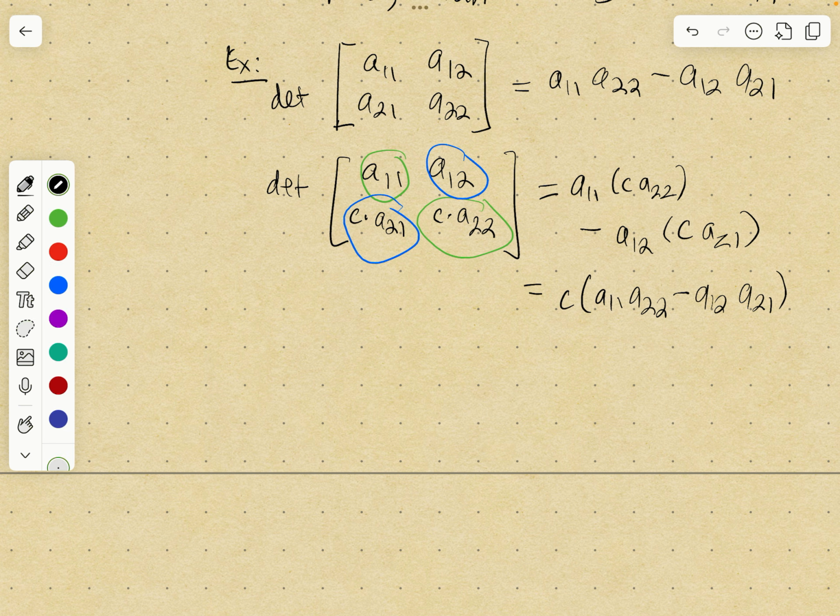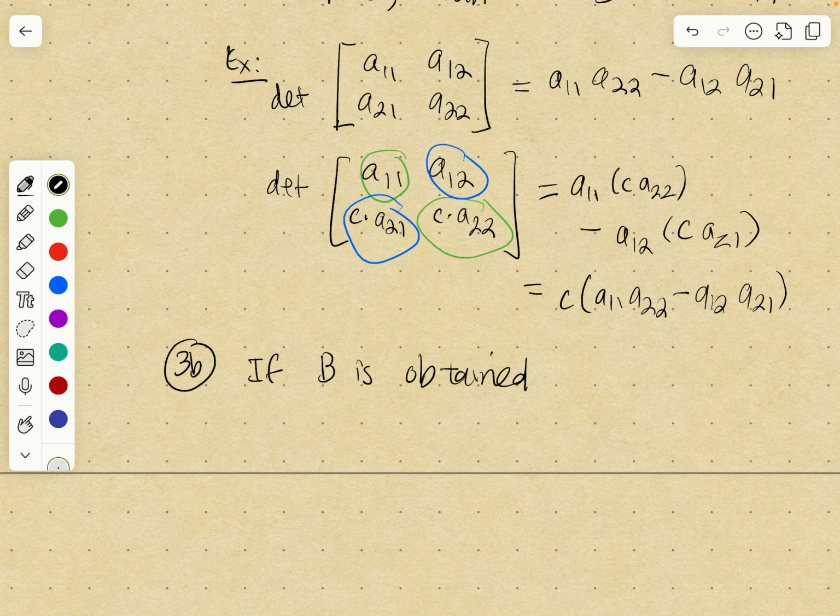That's property 3a, and then 3b is that if B is obtained, it's kind of hard to explain what property 3b is. Property 3b basically says that, let's see.